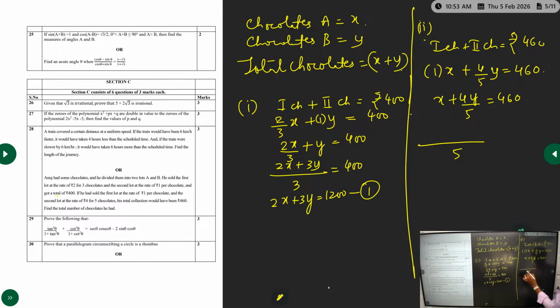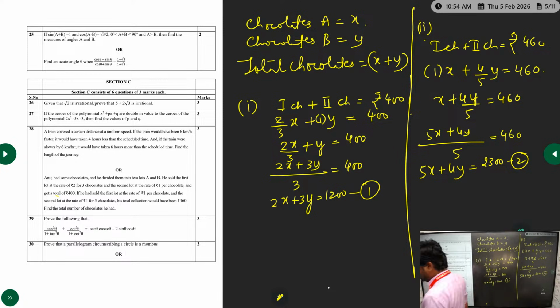Take 5 as LCM. 5x plus 4y is equal to 460 times 5, what will be the answer? 2300. Now after writing this, do the elimination method stepwise. Tell me what are the x and y values.